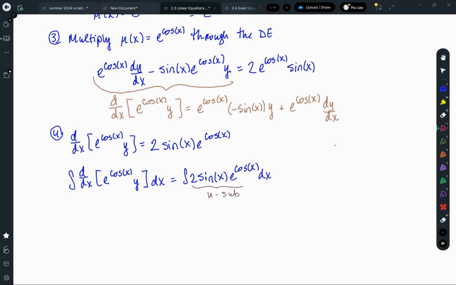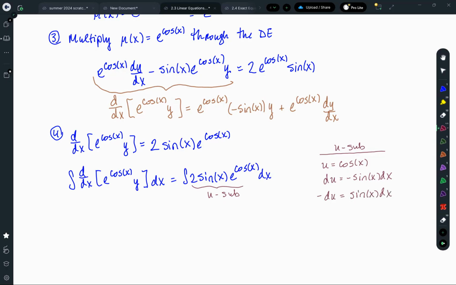And I'll do it over here on the right. My u-sub work: u is equal to cosine of x. du would be minus sine of x dx. Notice that in our integral, we don't have a negative symbol, so I'll move that over. Minus du is equal to sine of x dx.